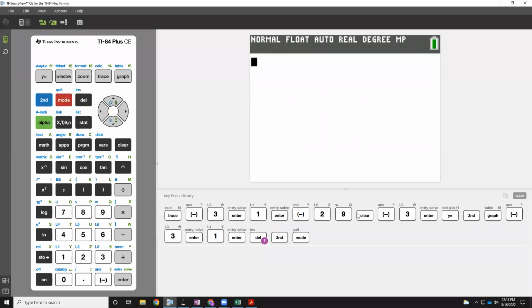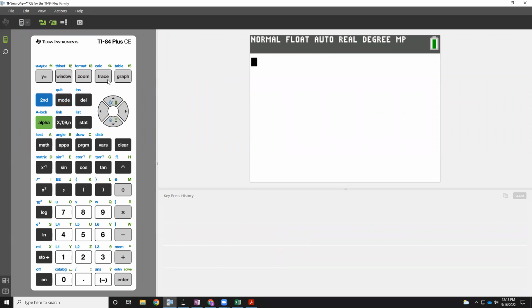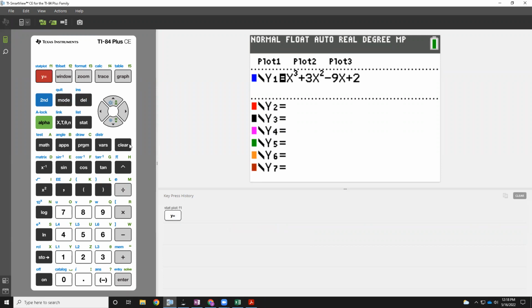So let me clear out a few things here, and then start by typing in the function. Let's type in 3e to the x cosine of x. So 3, second ln gives me my e to the x power.